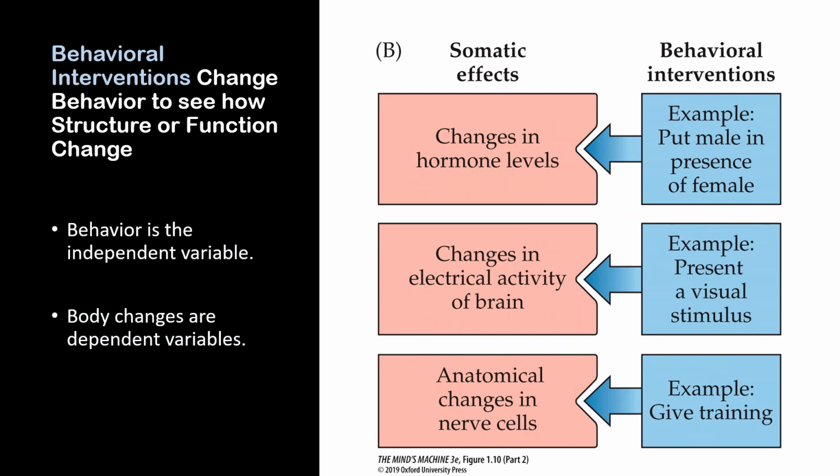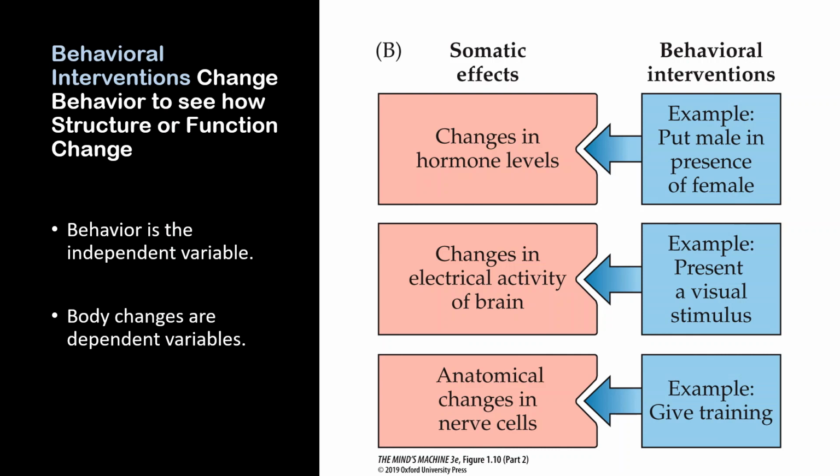An alternative approach is to use a behavioral intervention. With the behavioral intervention, researchers manipulate the behavior of an organism and look for resulting changes in body structure or function. For example, researchers could attempt to induce empathy in participants, perhaps showing them videos of others suffering, and then measure the level of circulating oxytocin in the participants.